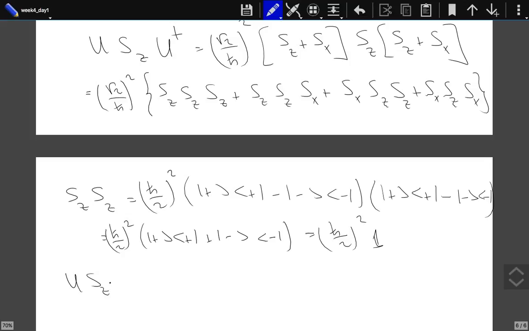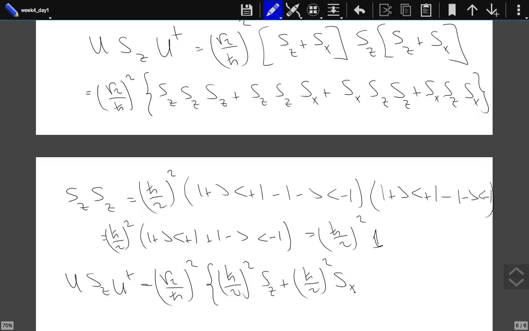So U Sz U dagger is equal to square root of 2 over h bar squared, times h bar over 2 squared Sz plus h bar over 2 squared Sx, the first term, the second term, plus Sx times h bar over 2 squared. It is this term. I have to do something with that one. I need to exchange Sz and Sx.